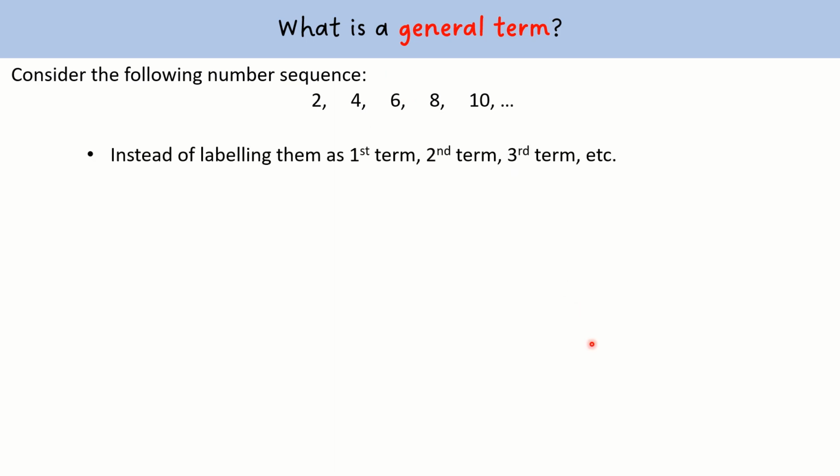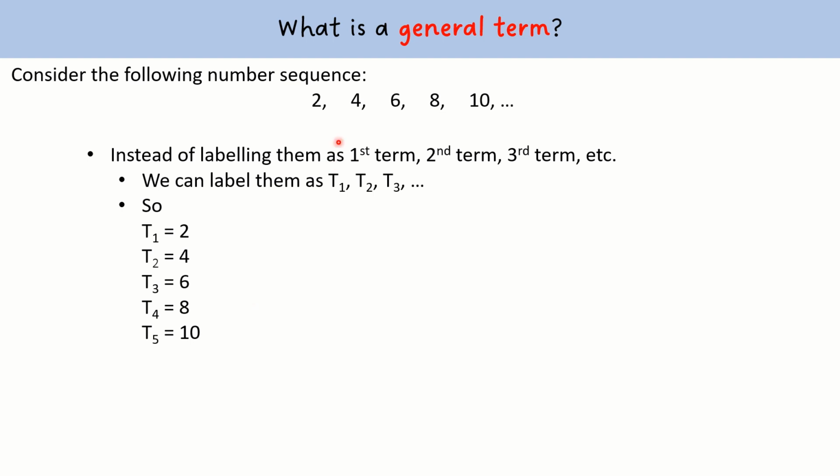Instead of labeling them as first term, second term, third term, which can be rather tiring to write, we can use a certain notation and label them as capital letter T with a small number at the bottom right corner. So we write it as T1, T2, T3 to correspond to first term, second term, third term. From here onwards, I will be using this notation of capital letter T followed by a small number to represent the different terms in a number sequence.